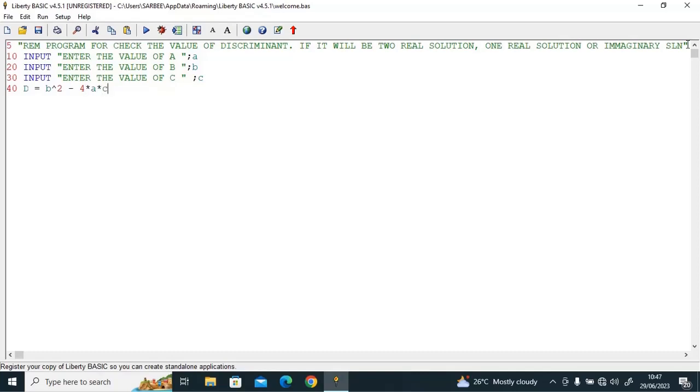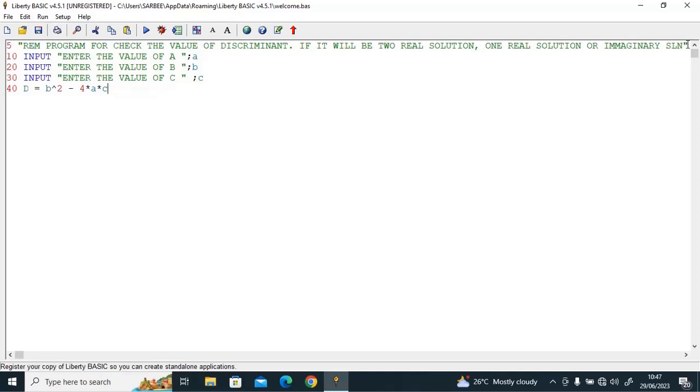Now I want to make a condition to check if this D gives us minus, 0, or more than 0. If it's less than 0, then you have an imaginary solution, which means you cannot get the answer. If it's more than 0, you have 2 real solutions, 2 answers.